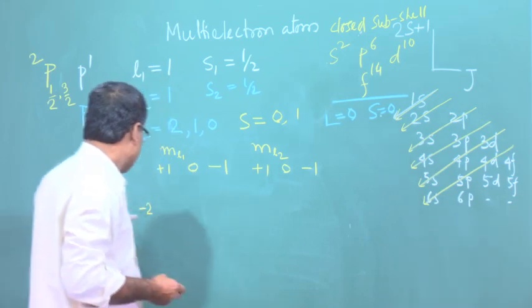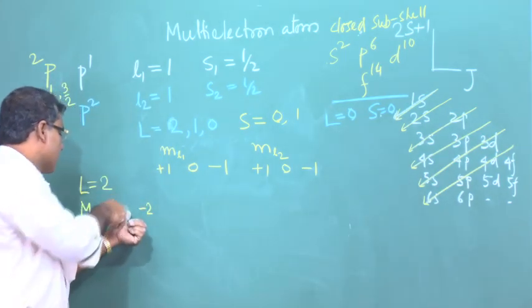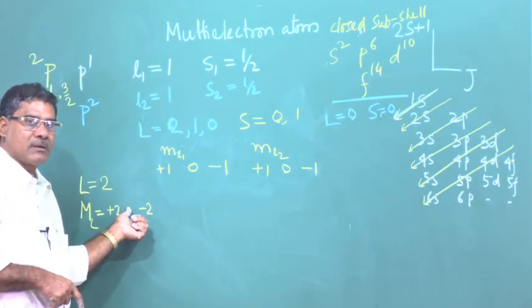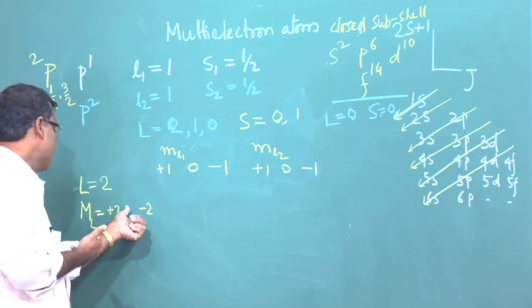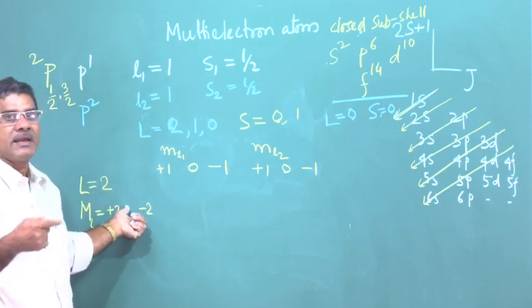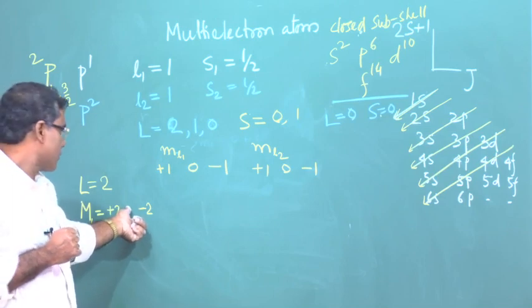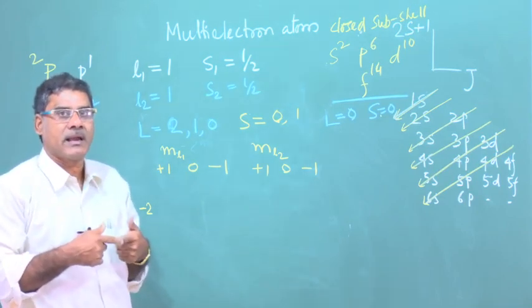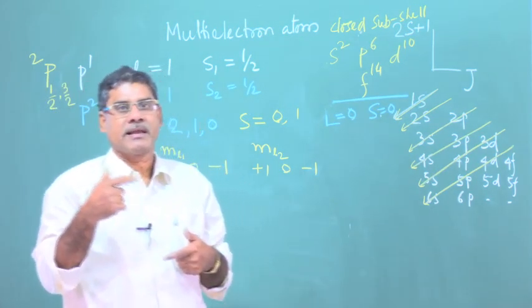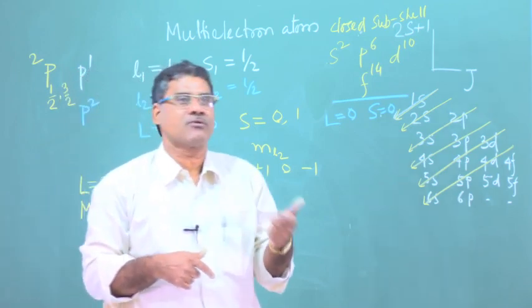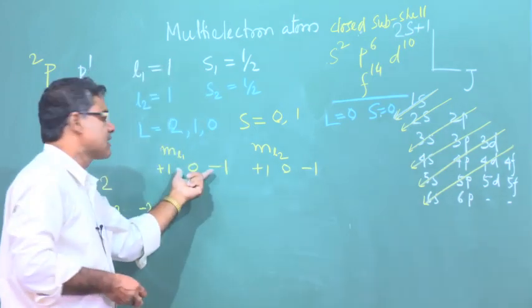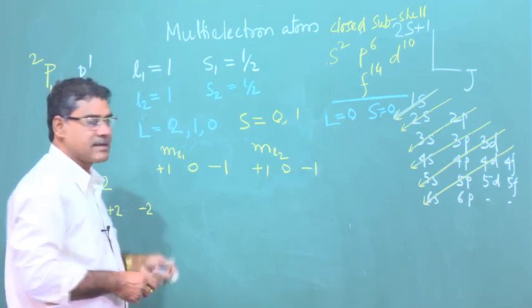But an ML value of plus 1 can come from L equal to 2, from L equal to 1, or from L equal to 0. So I cannot distinguish from which L it is coming.